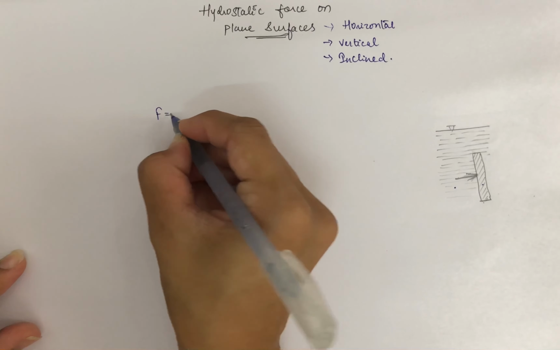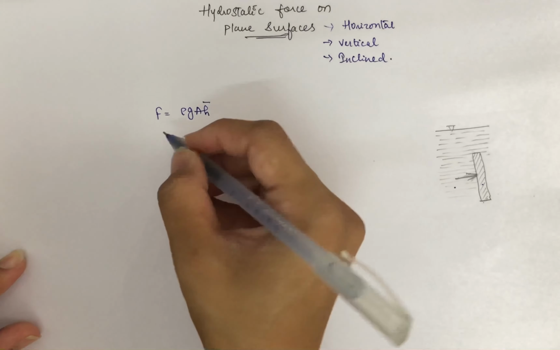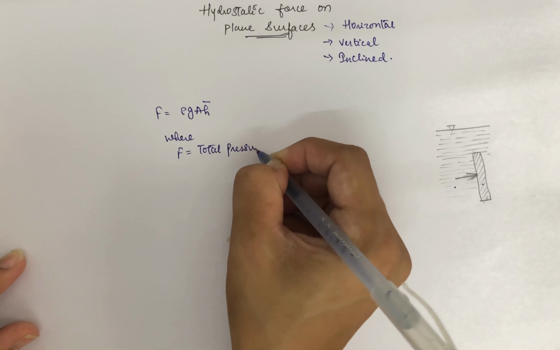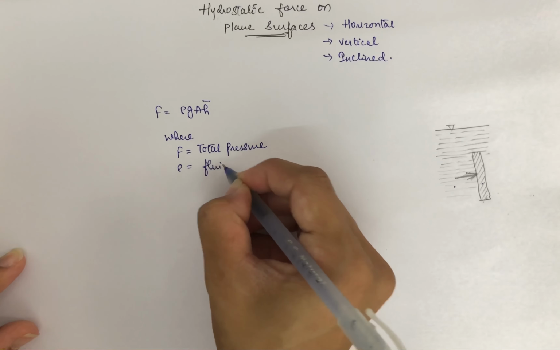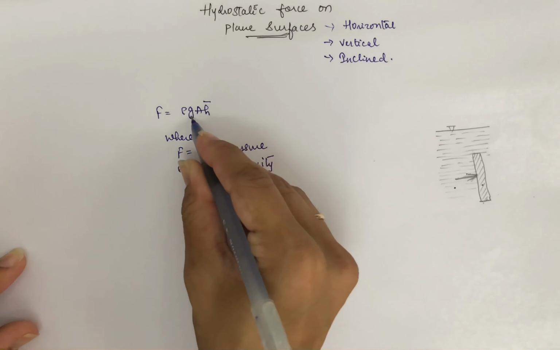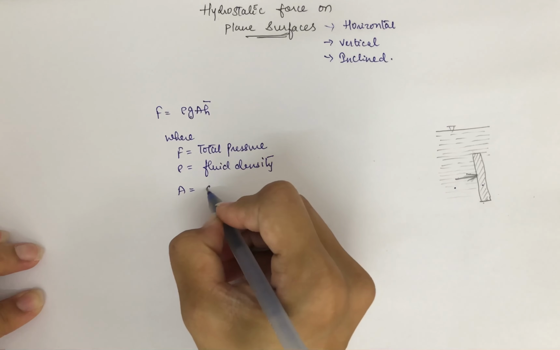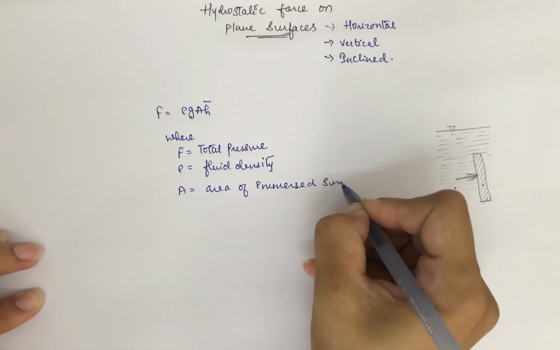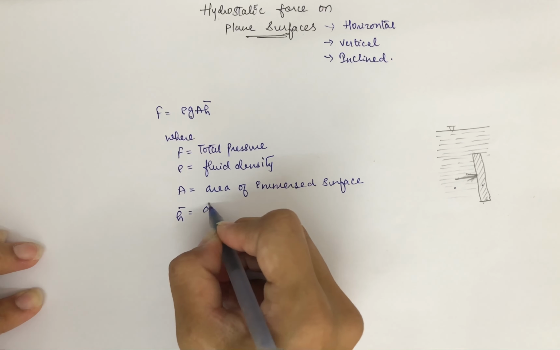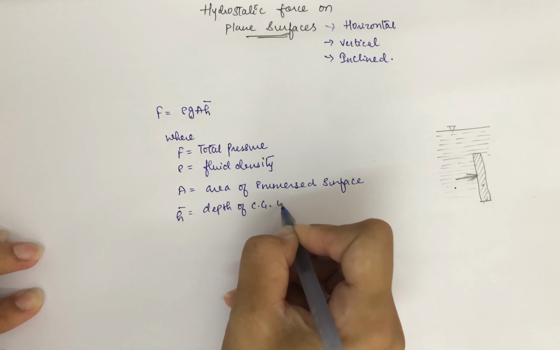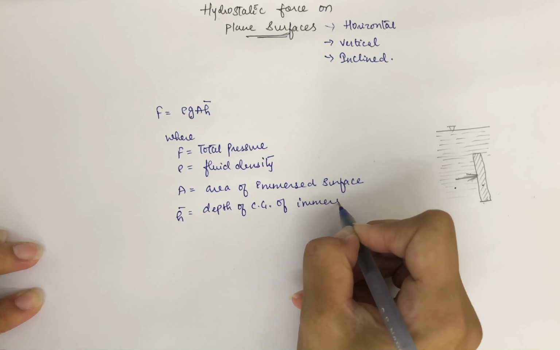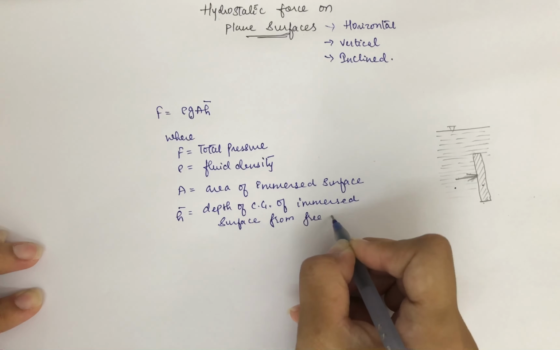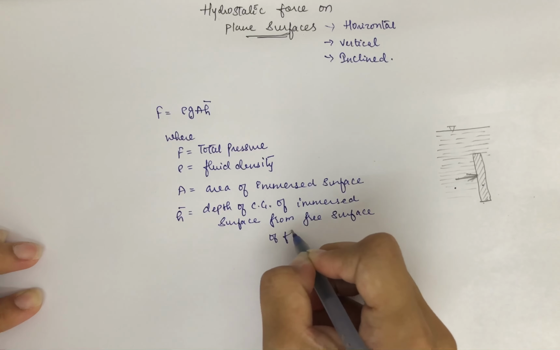So the formula which is used is F = rho g A h bar, where F is total pressure, rho is fluid density, g is gravitational acceleration, A is area of immersed surface, and h bar is the depth of Cg of immersed surface from free surface of fluid.